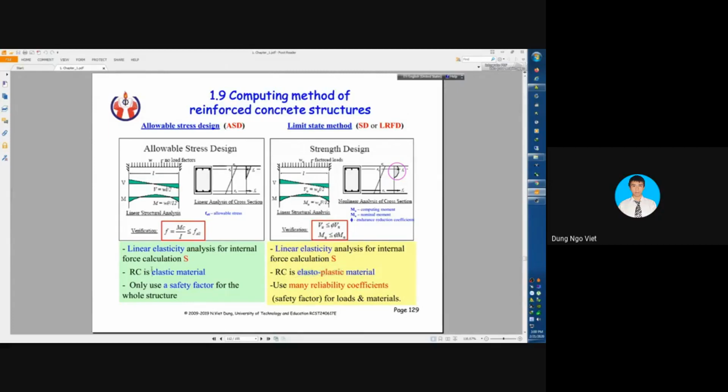It's quite different from allowable stress design, where it's only an elastic material, but here the reinforced concrete is elastoplastic. We consider the plastic strain in calculating reinforced concrete structures, and we use many reliability coefficients or safety factors for loads and materials.